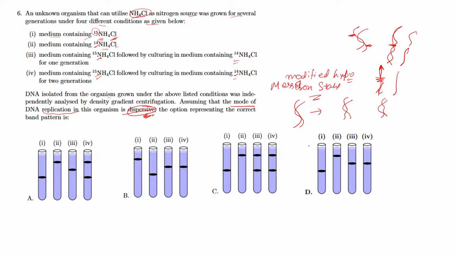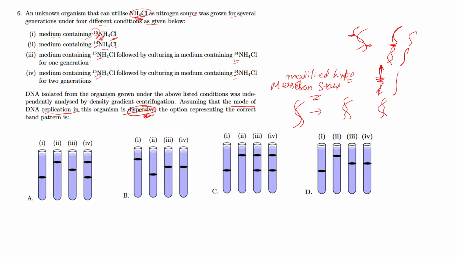So if I go to the option, when I grow in an N15 medium, this says that I have grown only in N15 medium, so I'll get a hybrid band. So there will be a mix of N14 and N15. But initially I have no indication of what the organism has been grown on previously.